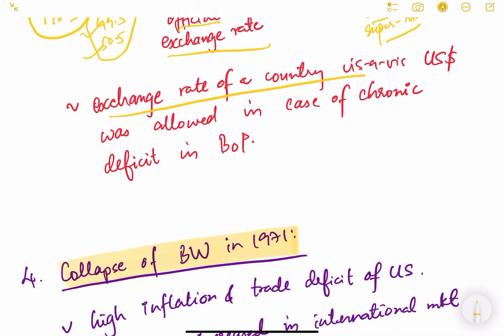Now, exchange rate devaluation of a country vis-a-vis the US dollar was allowed in case of chronic deficit in BOP. I forgot to write the word devaluation here, so it was exchange rate devaluation.